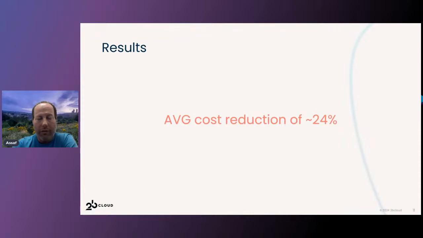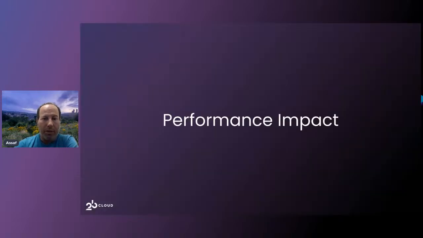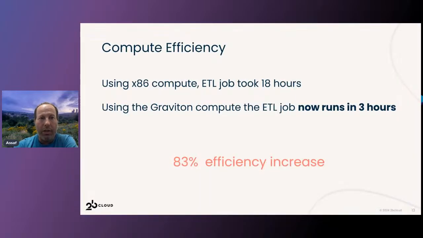The results gave the customer a reduction of 24% while increasing his efficiency, but most importantly, keeping his response time and his ability to process his customers' requests, with no impact on his service. The performance impact was where the customer was most surprised, because the ETL jobs he was running on x86 servers took 18 hours during the month.